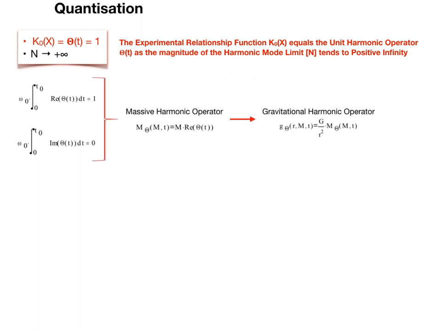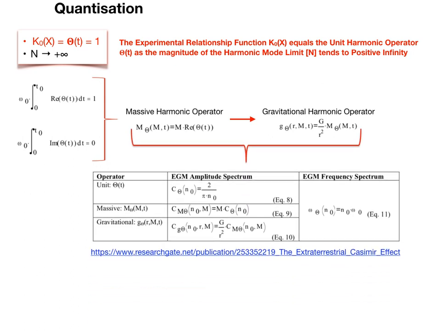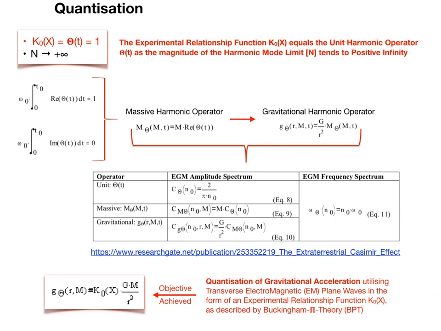Thus, we may define the massive and gravitational harmonic operators, and consequently, a table of amplitude and frequency spectra may be formulated. Therefore, we may achieve our objective of quantizing gravitational acceleration by expressing the gravitational harmonic operator in terms of an experimental relationship function utilizing transverse electromagnetic plane waves, as described by Buckingham pi theory.